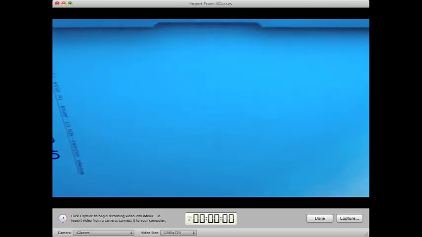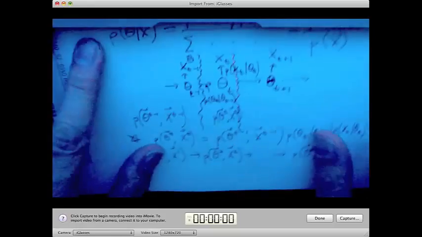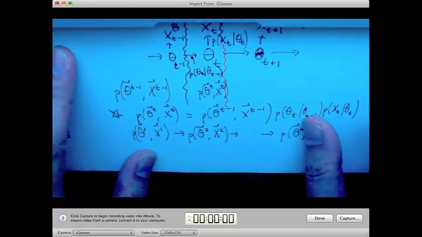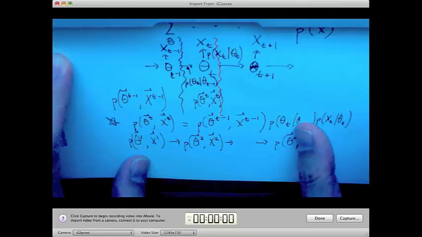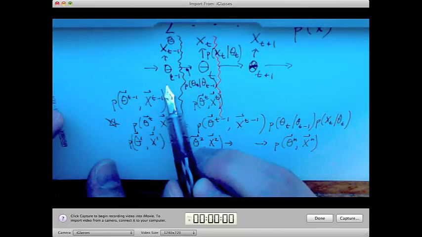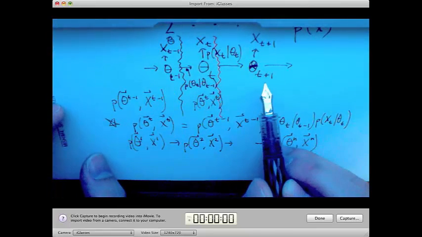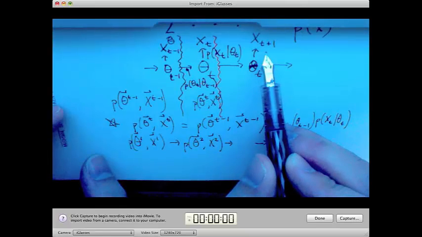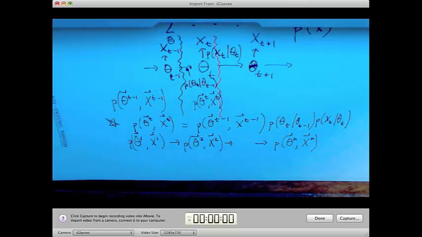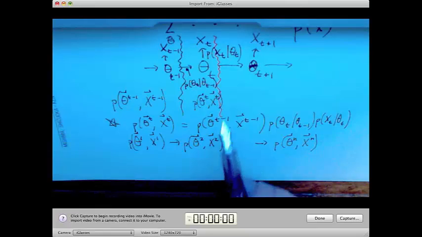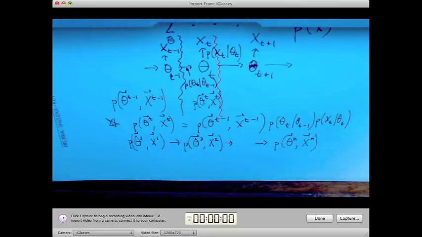I'll go back to this diagram here. So we had our thetas, t minus 1, t, and t plus 1, our observations, xt plus 1 and xt. So this line right here is where we subdivided the total probability of all of the observations, okay?